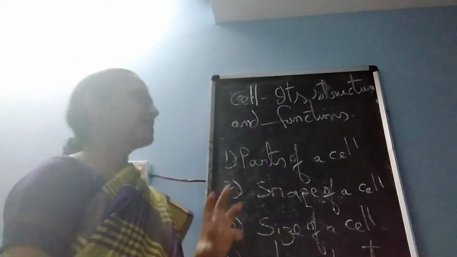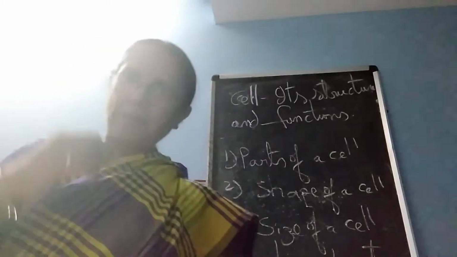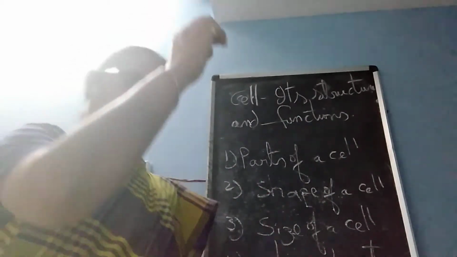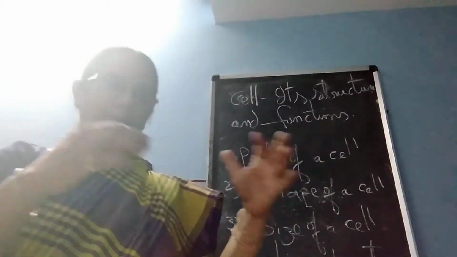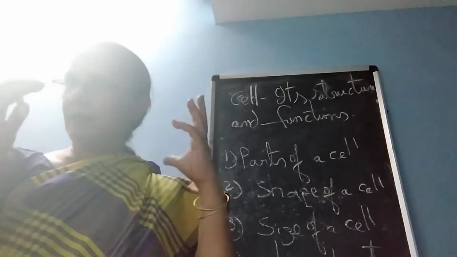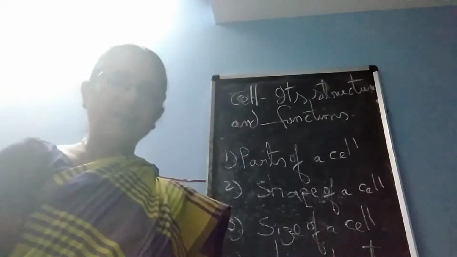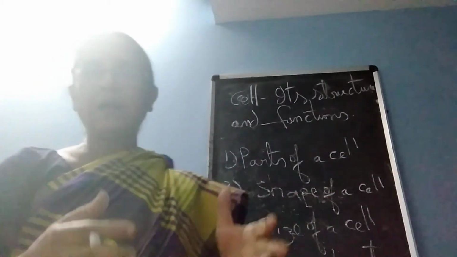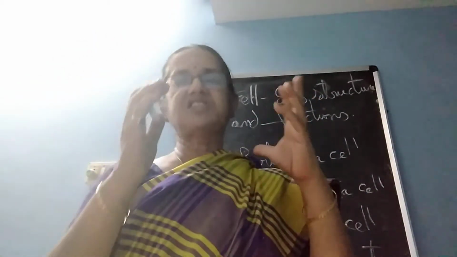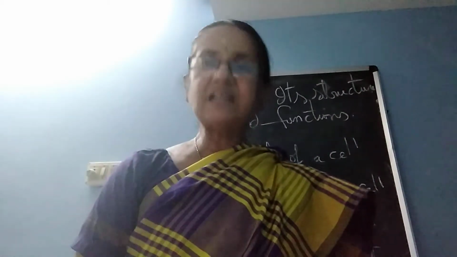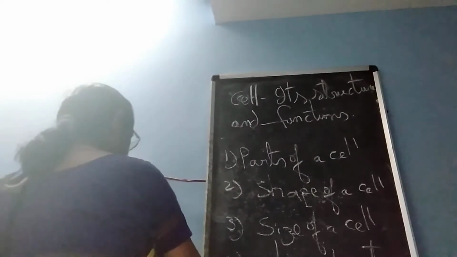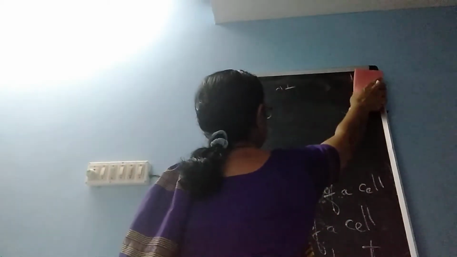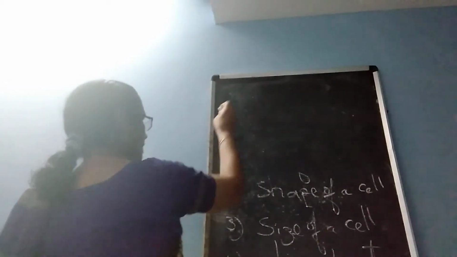What is the shape of a cell? For example, a brick or a container may be in round shape, oval shape, or rectangular in shape. So also there are different shapes of a cell.